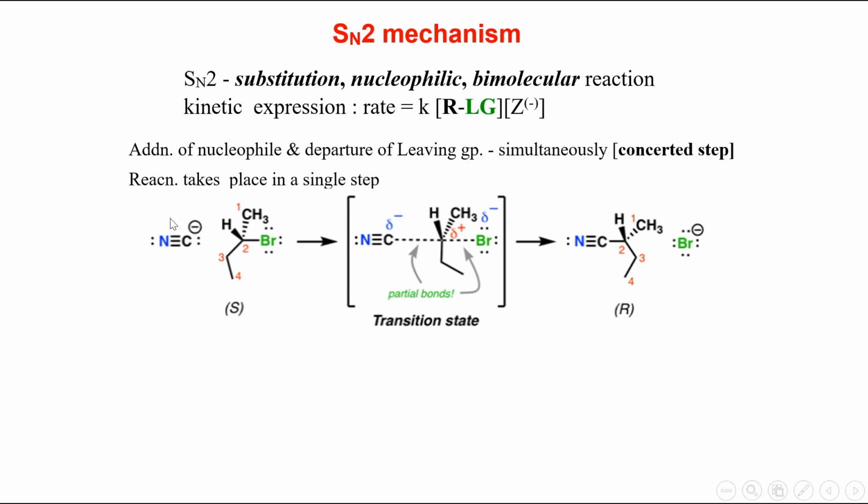CN minus, a nucleophile, attacks the carbon to which the halogen is attached, which is a good leaving group.